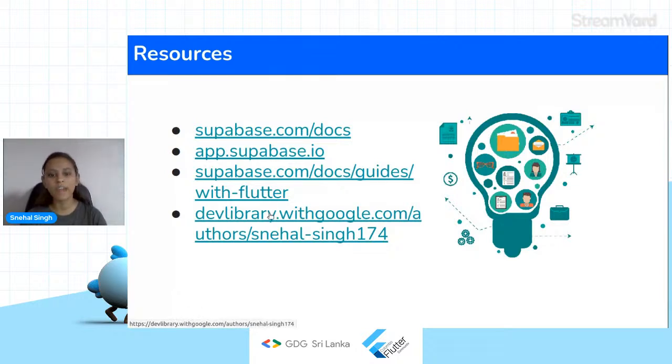And you can also find one of my projects on DevLibrary, where I have implemented various auth providers. Here I have demonstrated the magic link which was in the quick start guide, but you can also see my project on DevLibrary, where I have implemented the other auth providers as well.